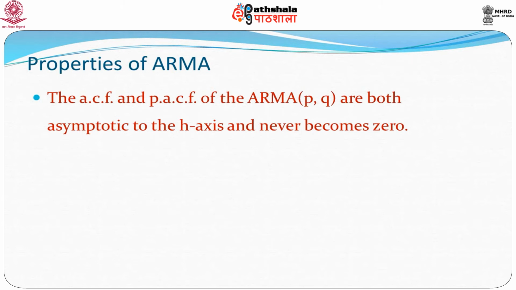So, it actually was asymptotic to the h axis. For the AR it was just the reverse, the ACF was asymptotic to the h axis and the PACF became 0 beyond p. For the ARMA, neither the ACF nor the PACF becomes 0 beyond p or q. So, it becomes asymptotic to the h axis.